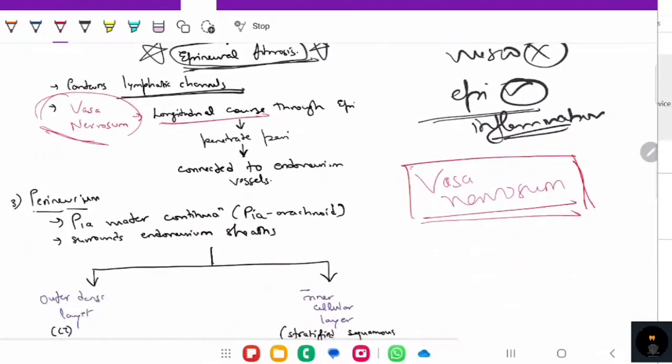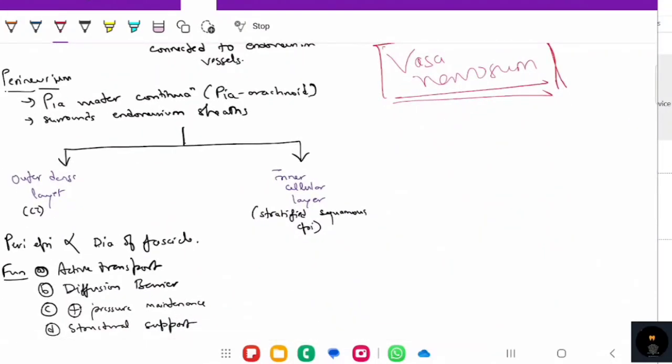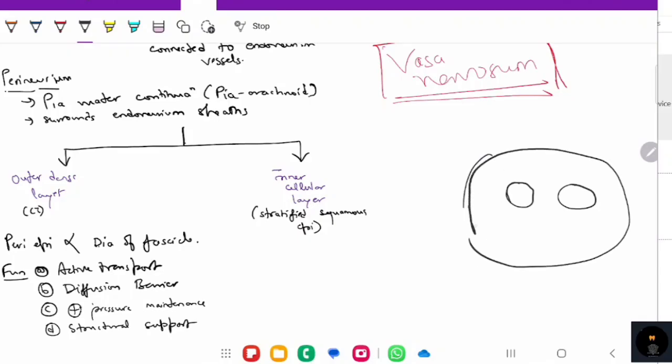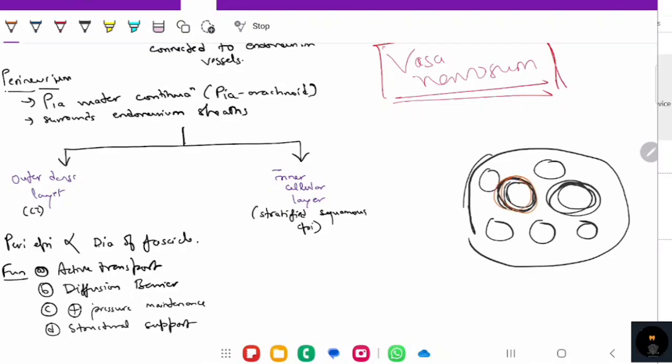And what these vasa nervosum do, I'll explain. Let's say this is a fascicle. Better if we draw like this. This is a fascicle. These are some individual nerve trunks where you have perineurium surrounding them. We'll draw perineurium with a different pen to make it understood.